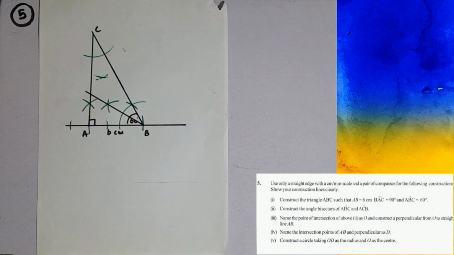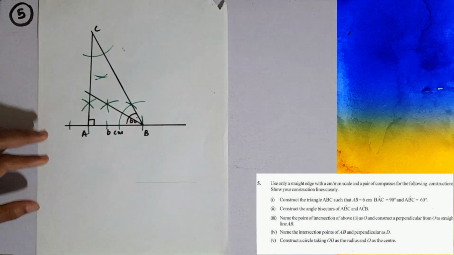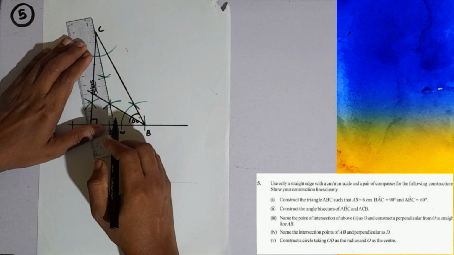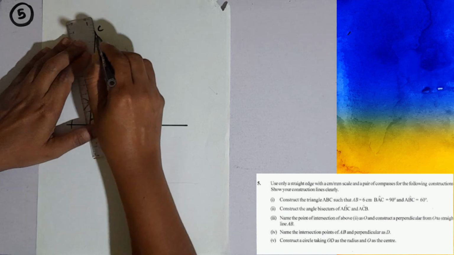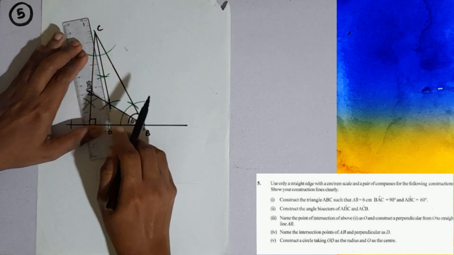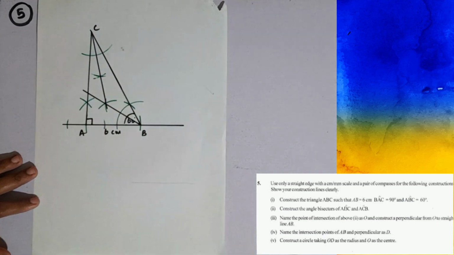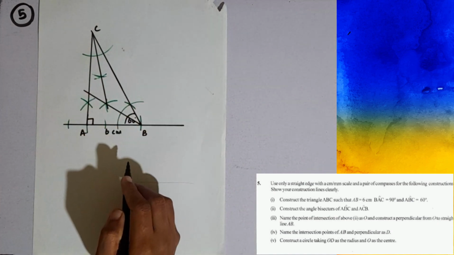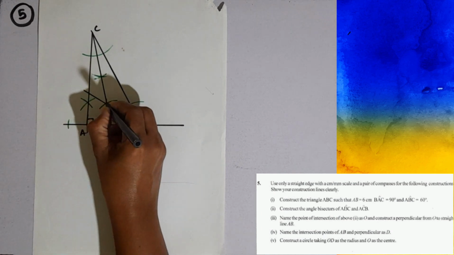Now this intersecting point and point C should be joined. So this is the angle bisect of ACB. Name the point of intersection of above 2 as O. This is the intersecting point.